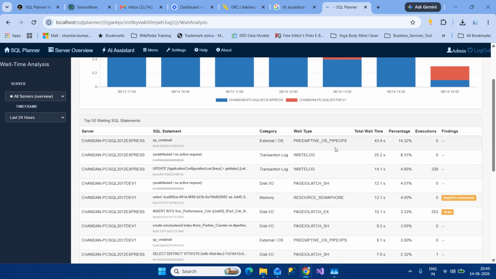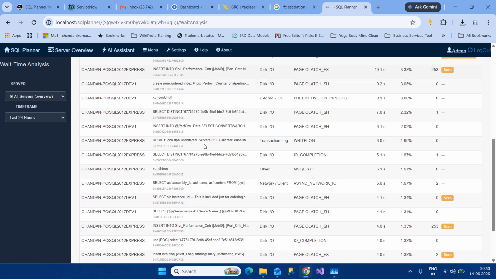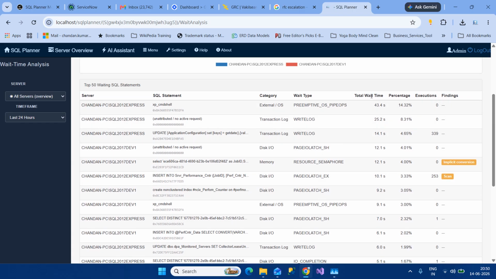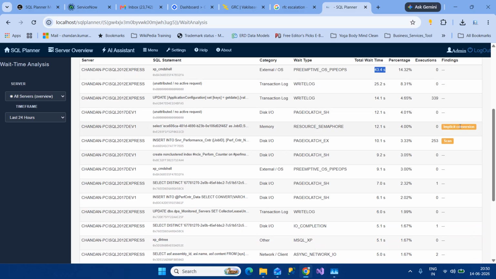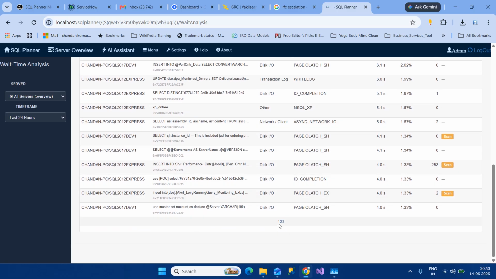And if we drill down below, we can see the top 50 SQL statements which were having the highest waits. Here we can see the waiting period and at what particular percentage. We can also see the query inside, whether within its execution plan it has detected some implicit conversion, scans, and so on.